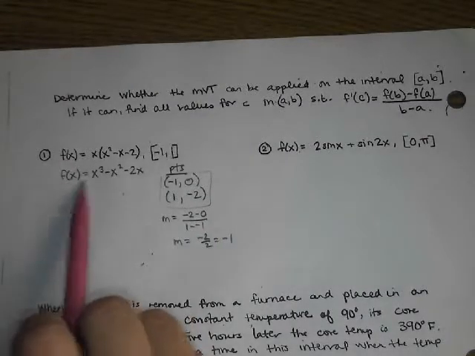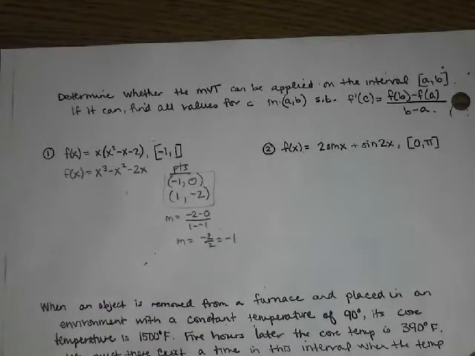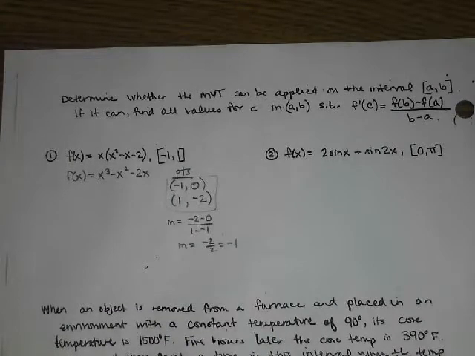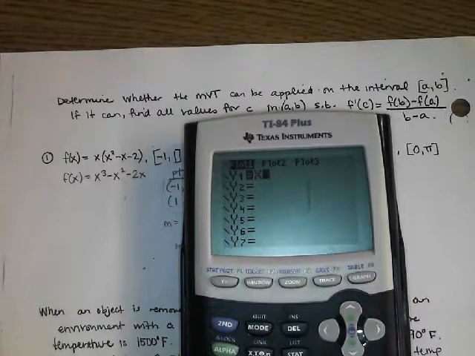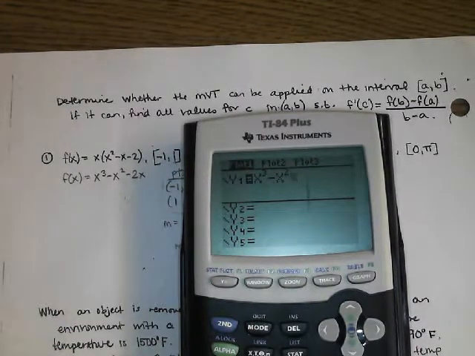Okay? So up until this point, I'll sketch for you what we have. I'm going to give you the graph x cubed minus x squared minus 2x. And our window is from -1 to 1.